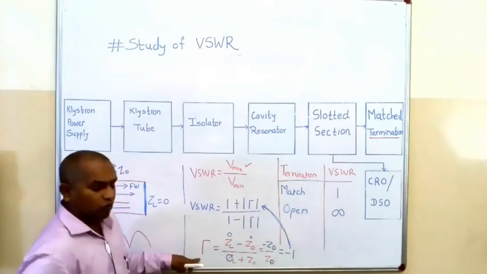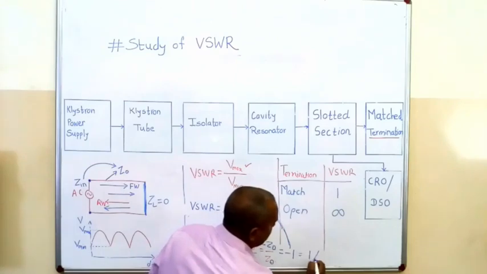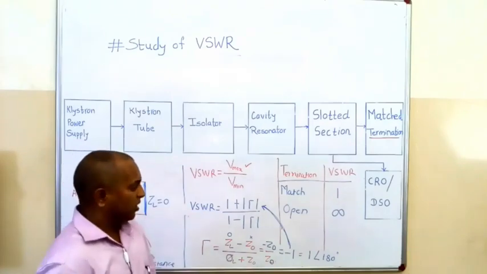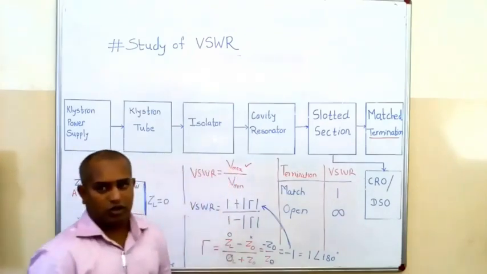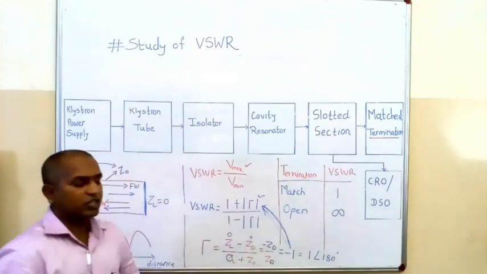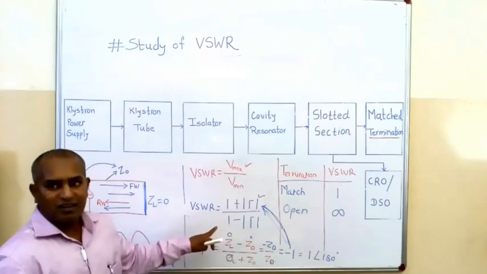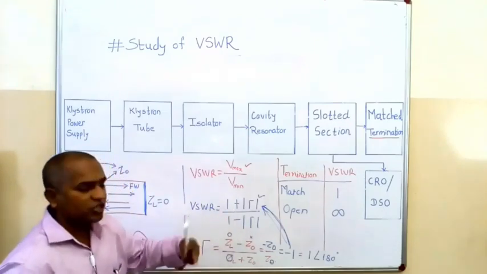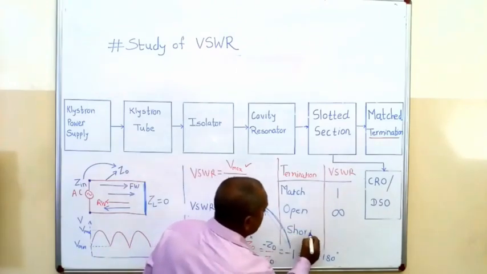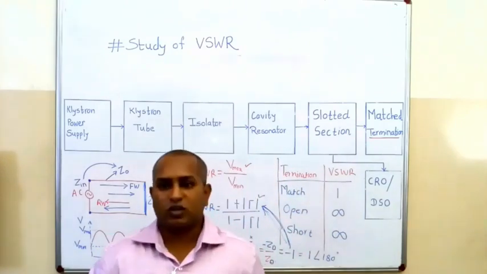We know the reflection coefficient is a phasor quantity. Here we can write the magnitude is 1 and the angle is 180 degrees, and in the open case, magnitude 1 and 0 degrees. But here we are using only the magnitude. So put the value of reflection coefficient as 1 here. Again, 1 minus 1 is 0, and something divided by 0 is infinity. So in a short termination, your ideal VSWR is also infinity.